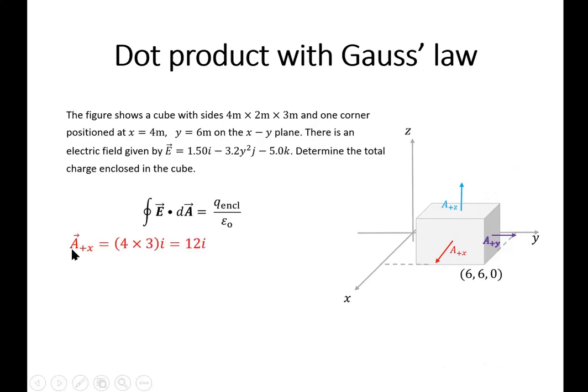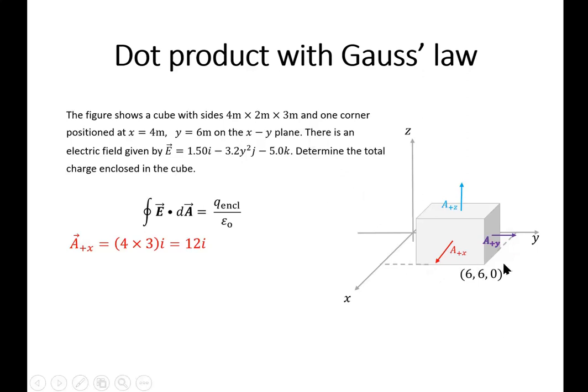So what is the first area, which is the a plus x? We just find the magnitude. We have the size of the box to be 4 meters, 2 meters, and then 3 meters. So 4 meters will be the longest one, the length.